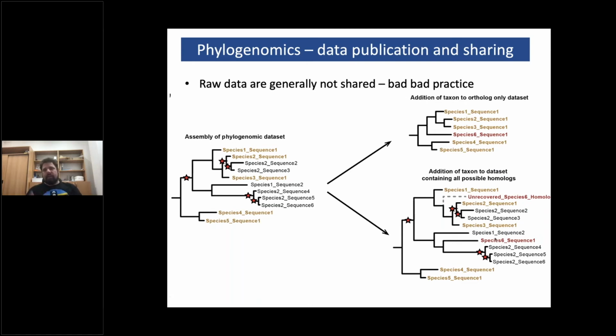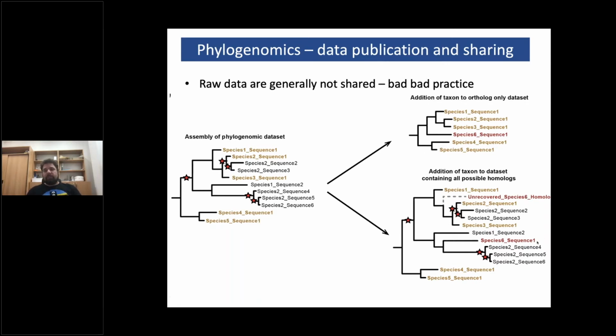Because here there should be another one, basically the other paralog of species 6, again, that we don't have in our data, either because our data are incomplete or because the gene has been lost in the genome of species 6.